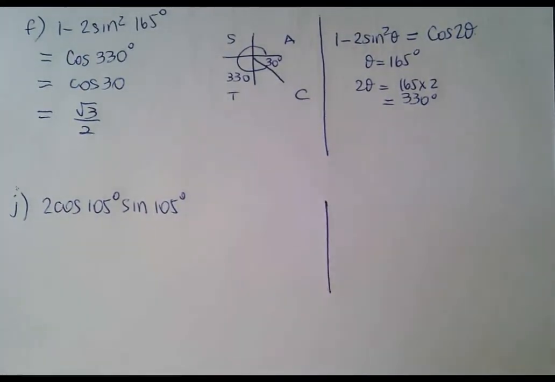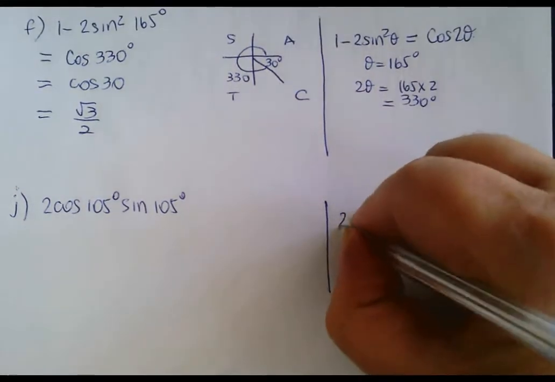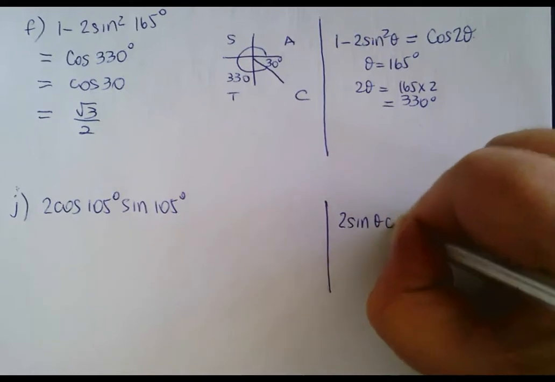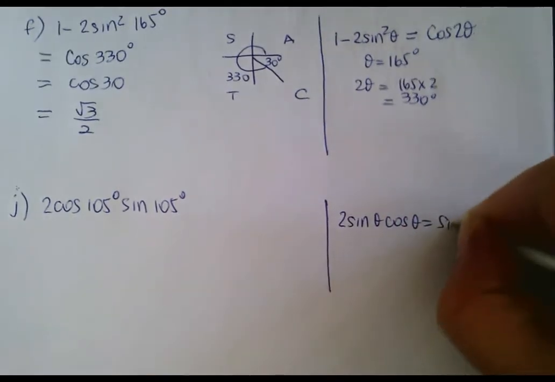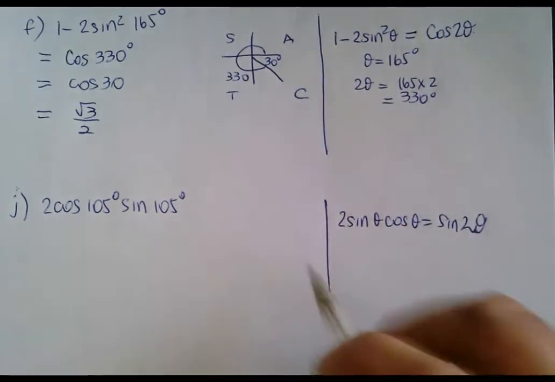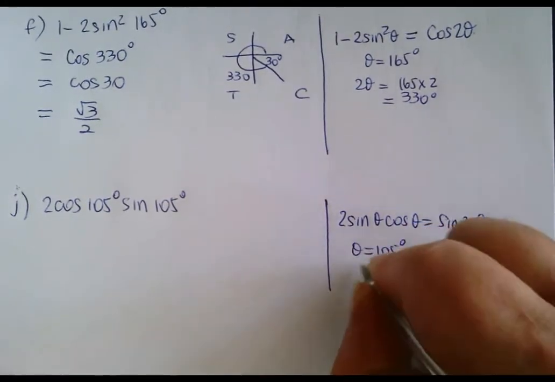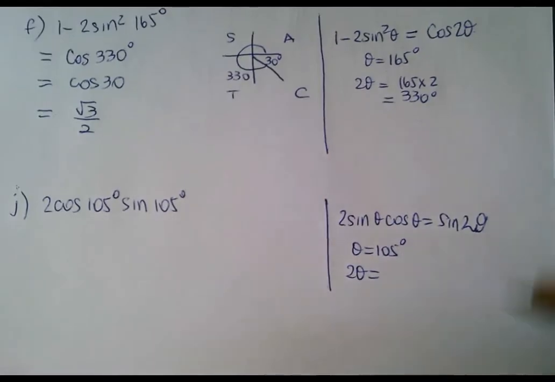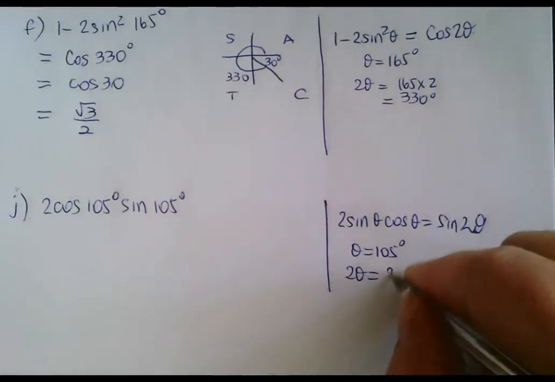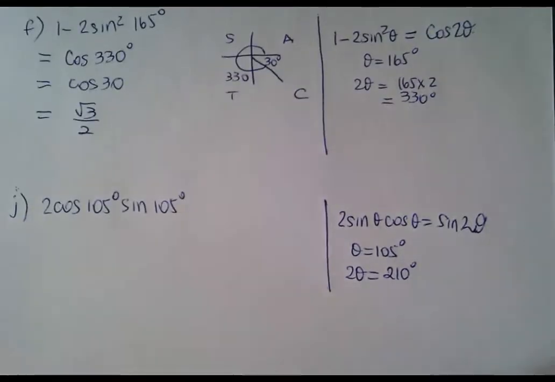Okay, this last one, which double angle will we use, sine, cos, or tan? So double angle for sine. 2 sine theta cos theta equals the sine of 2 theta. Yep, looks exactly like it. In this case, theta is 105, so may as well work out what 2 theta is over here. It's 210. So it's in the correct format.